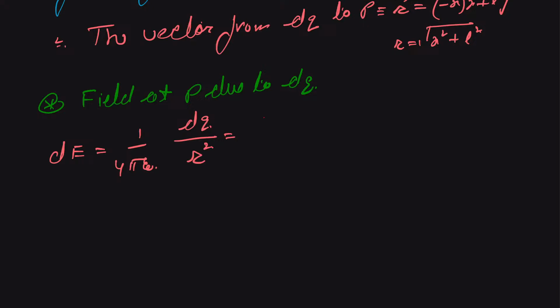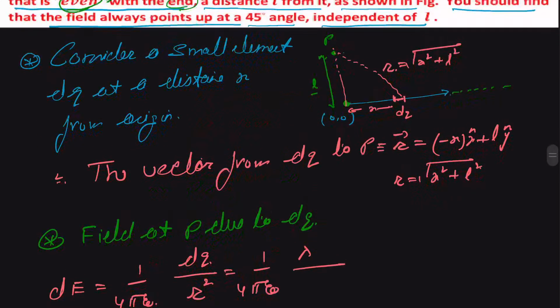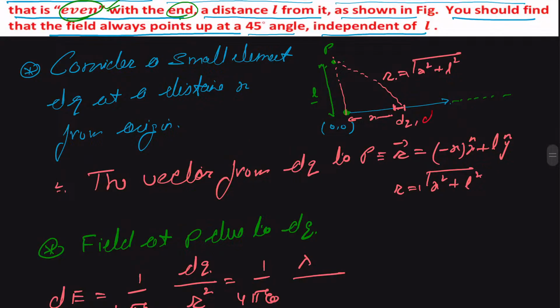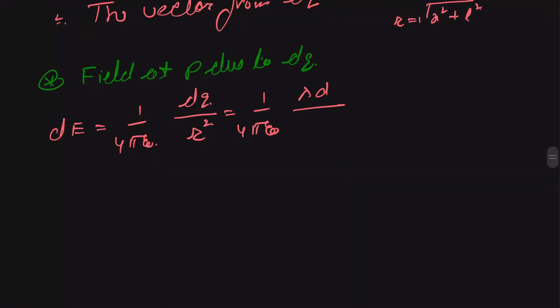In terms of charge density, we can write this as 1 upon 4 pi epsilon naught times lambda, where dq is lambda times its length dx, upon x square plus L square.